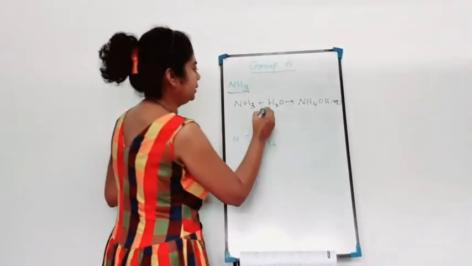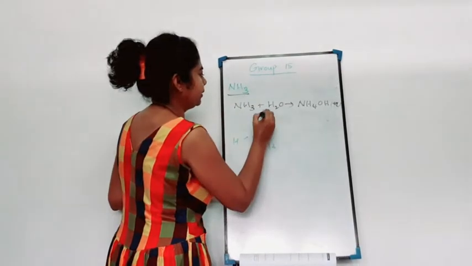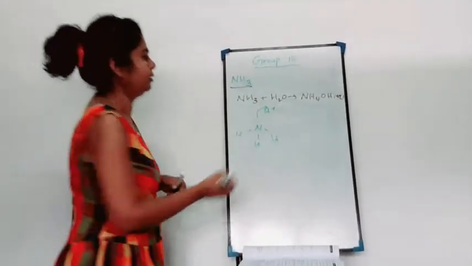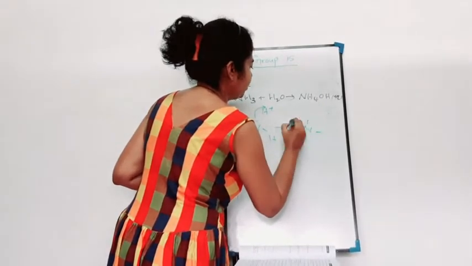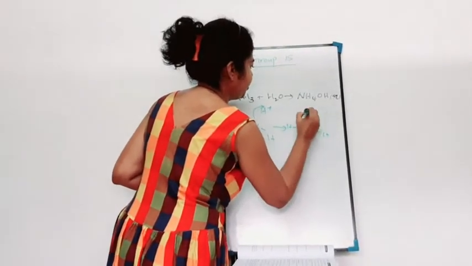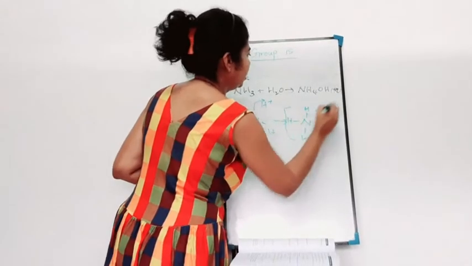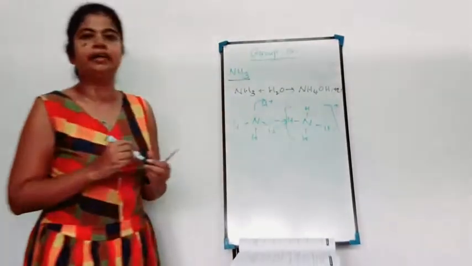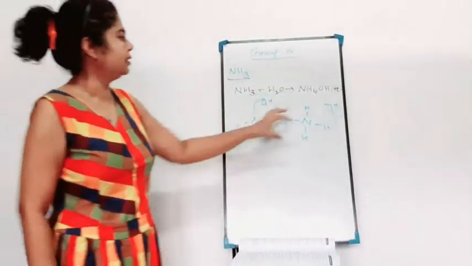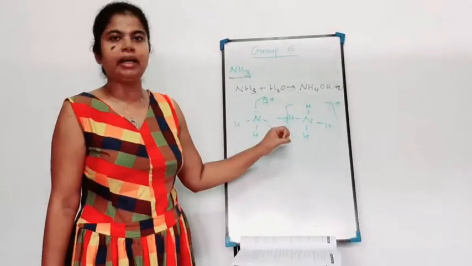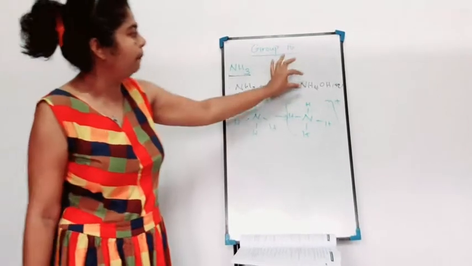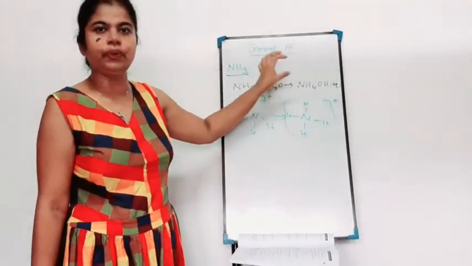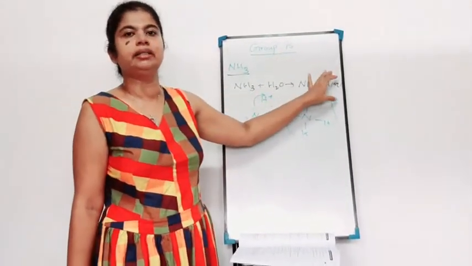So that H plus can gain these two electrons like this and it forms NH4 plus, a tetrahedral shape ion, right? So that is the ammonium ion. Then the OH minus is remaining.